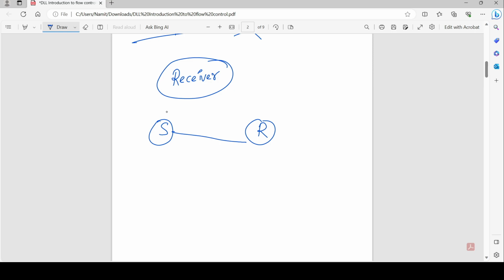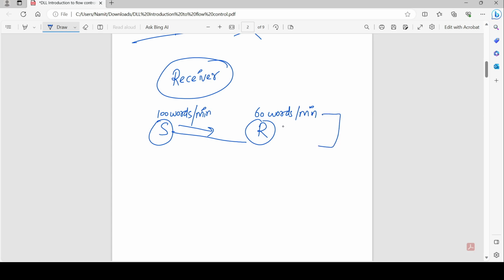If the speed of the sender is, let's say, 100 words per minute, the speed of sending the data, but at the receiver's end the speed of processing the data is only 60 words per minute.